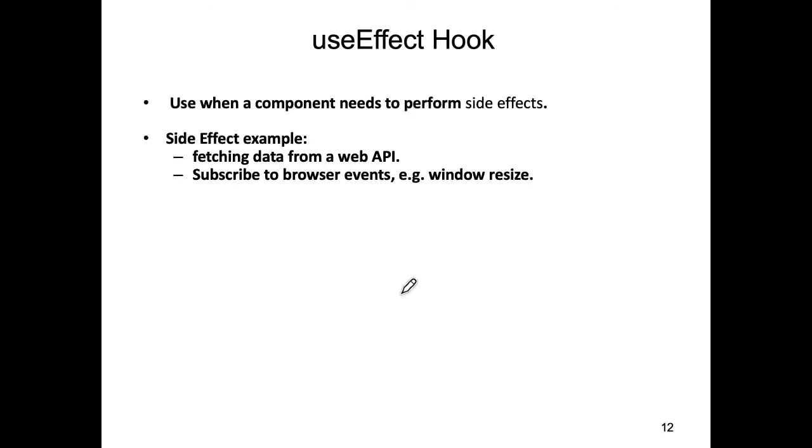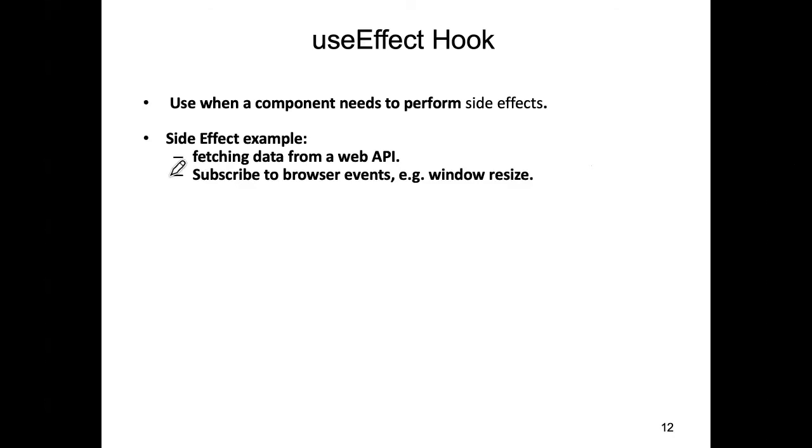The most common usage of the useEffect hook is when a component wants to talk to a web API. And that's the one that we'll predominantly use it for. But I gave you another example here as well, about if a component wants to subscribe, as we say, to a browser event, and every time that browser event occurs, you want to execute a particular piece of code within your component.